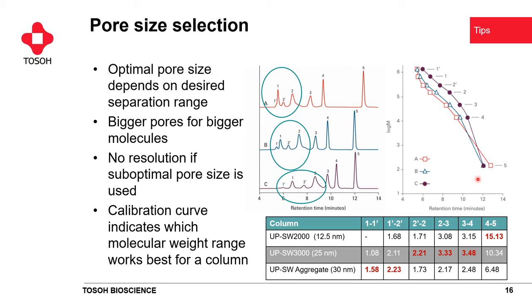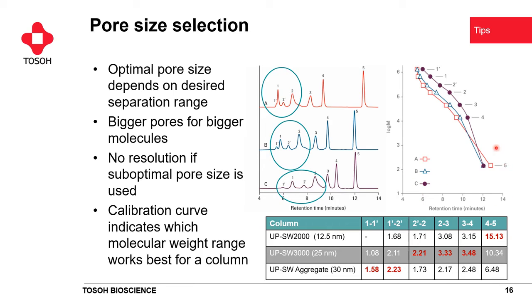What we get is such a curve. And what we typically see on the high molecular weight side is that we get a steep part. So we see it on those two columns, not on this purple one, which actually has the biggest pore size. And this means we do have a change in the molecular weight, but no change in the retention time, and thus no resolution.